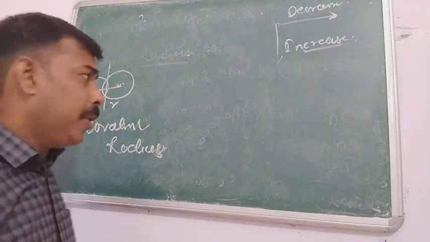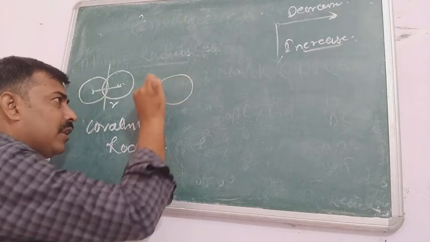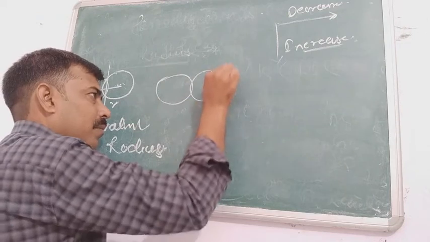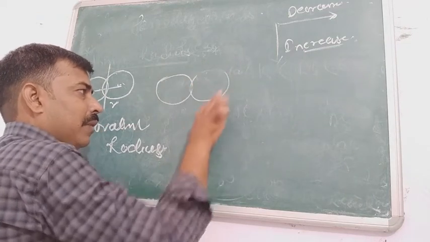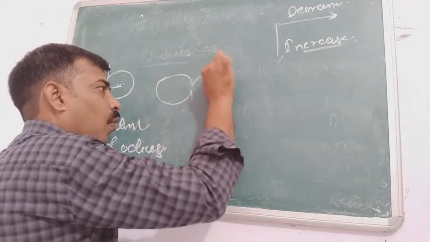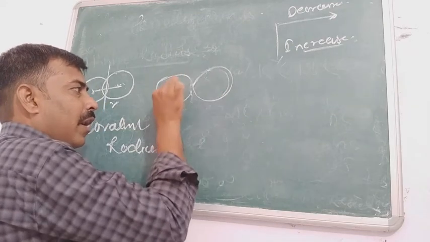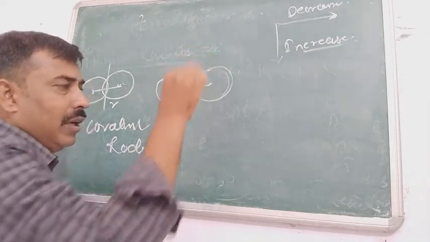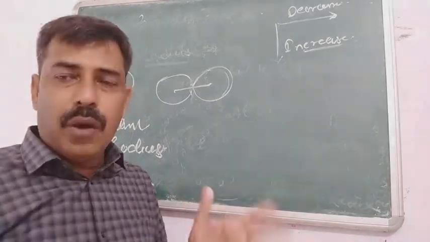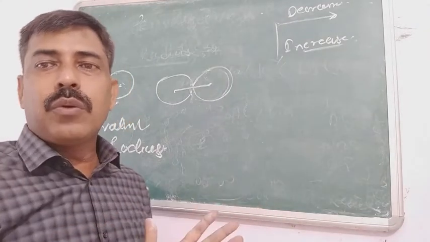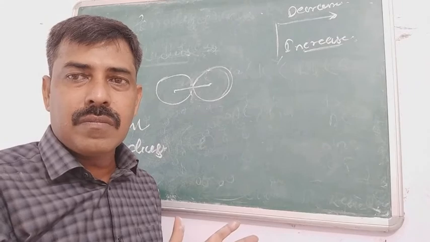Now, if the atoms are bonded with each other with the help of a metallic bond, you know that in the case of the metallic bond, there is no overlap. And if there is no overlap, surely the nuclei will be a little away from each other with respect to that of the covalent system.